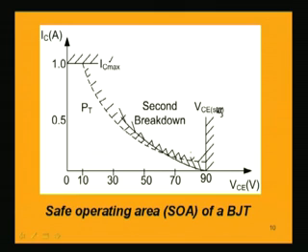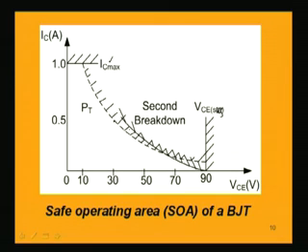So the region below this is the safe operating region. At any operating point, you can find out what is the power dissipated in the transistor. Suppose at this point, what will be the power? It is given by this voltage times this current.